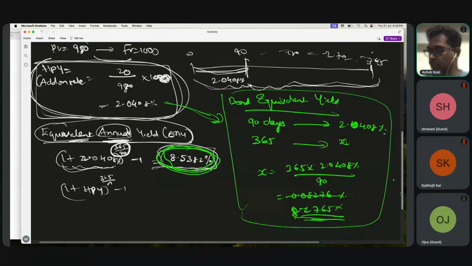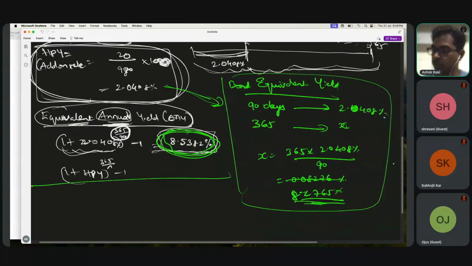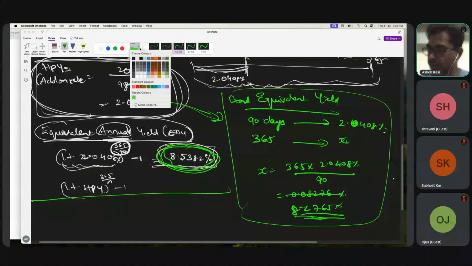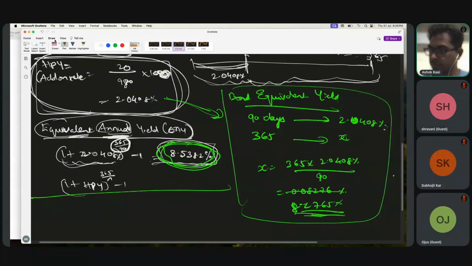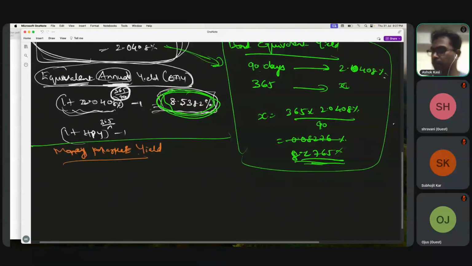Then next one, so 1, 2, 3, next one is money market yield. How to calculate?